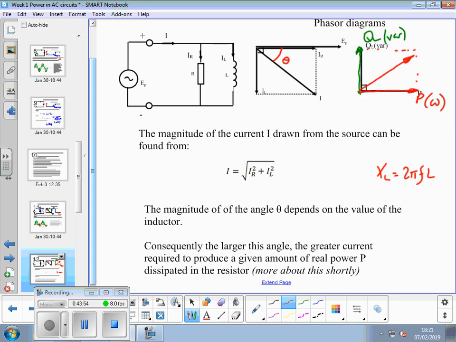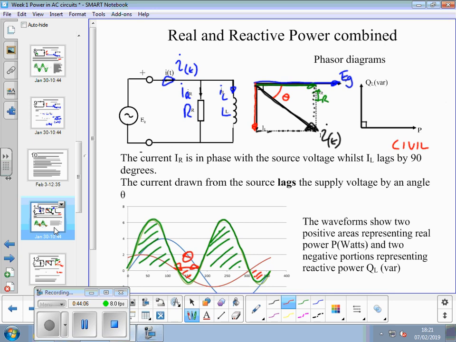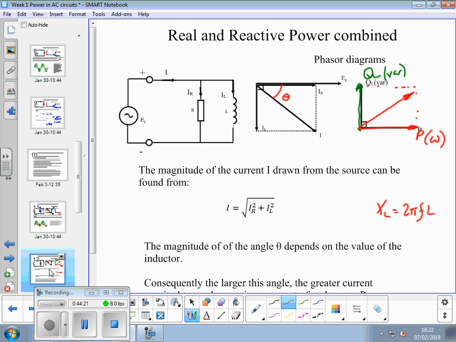So the bigger the inductive load, the more current you're going to draw, but the more power you're going to be wasting, because them bits underneath on this graph will become bigger. So the bigger you make that angle difference, the bigger these two little bits down the bottom become. And that'll be apparent in some calculations eventually.